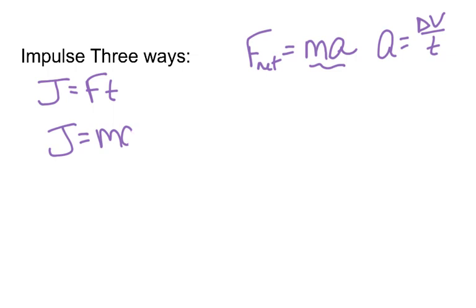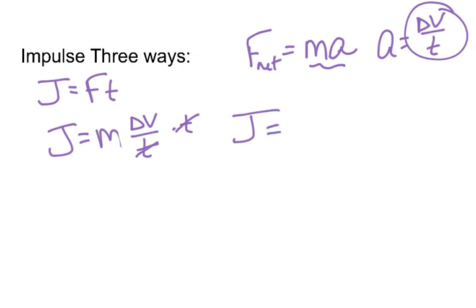Then instead of the a for acceleration, we're going to put in the equation for acceleration, which is over here, and then multiply that by time. Well, you can see that the time reduces. So another way to calculate impulse is by taking the mass times the change in velocity. So now we have shown two ways to calculate impulse.